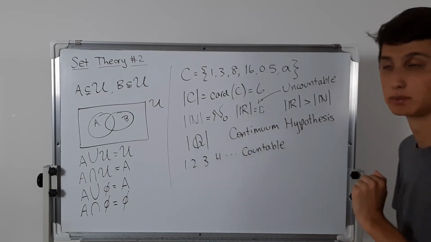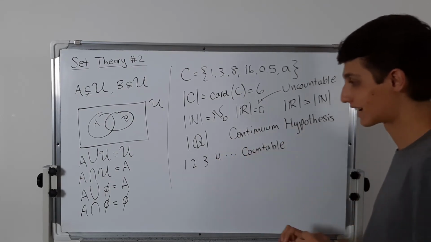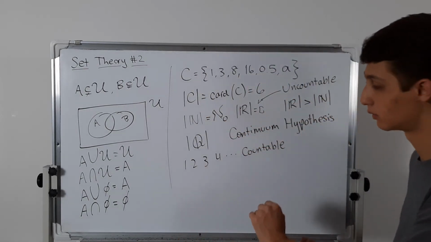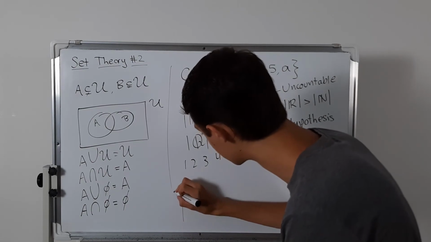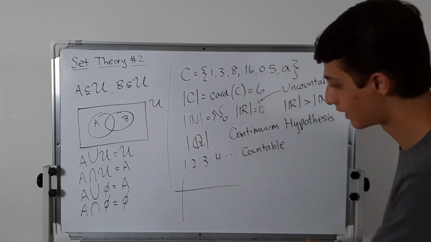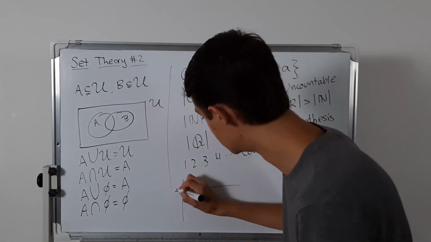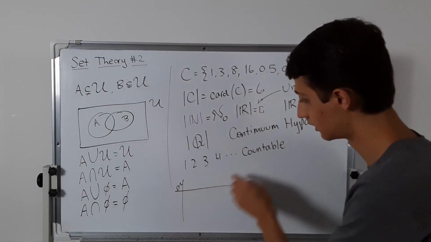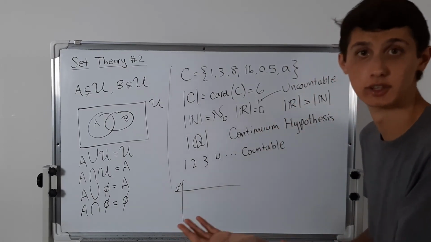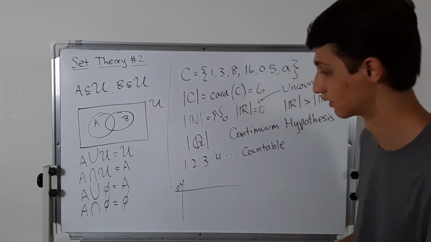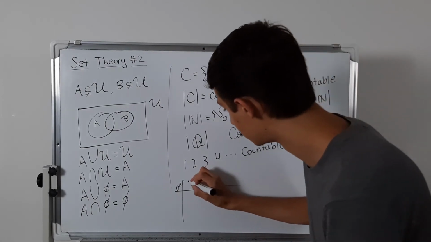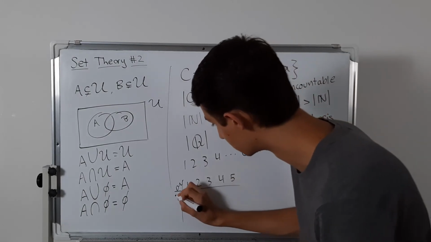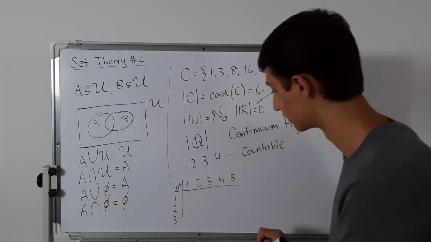The rational numbers, well, you can actually have an order here. First you can make a big table, like an infinitely long table, with numerators up here and denominators down here, because all rational numbers can be written as a fraction. That's their definition. So let's say we have numerators of 1, 2, 3, 4, and 5, and denominators 1, 2, 3, and so on.